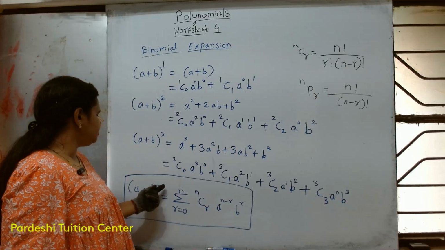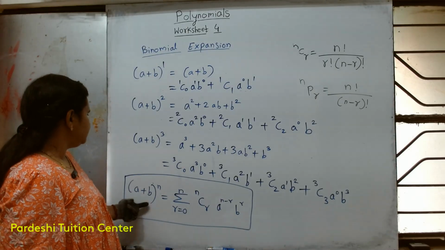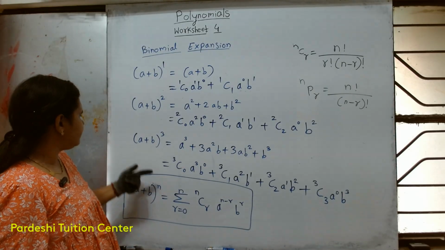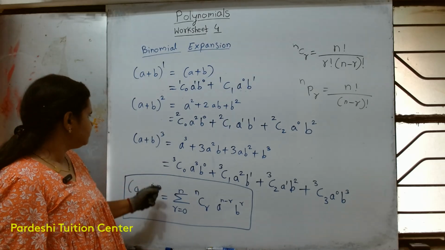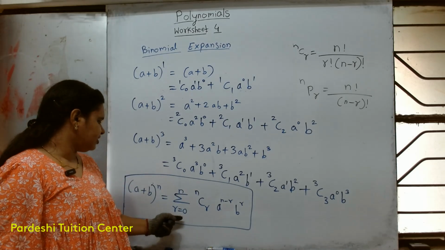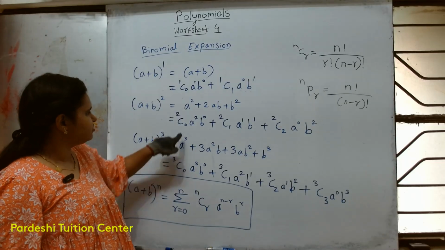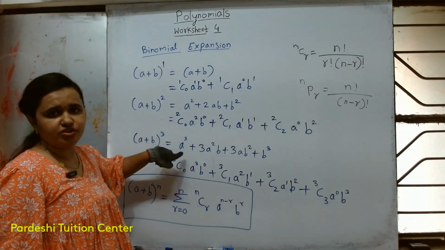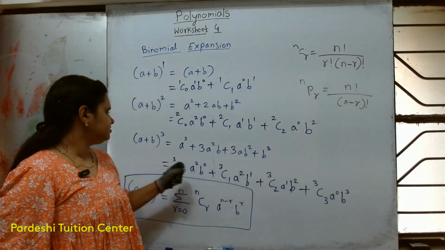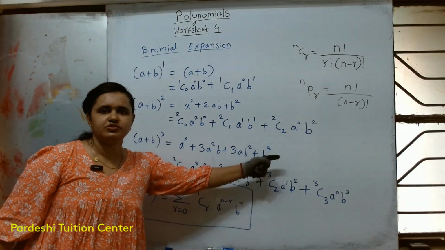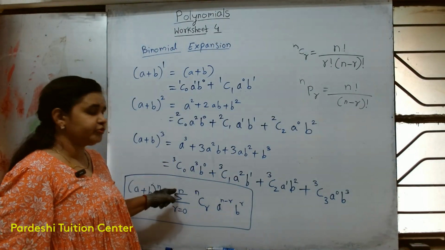a plus b to the power n is equal to, here you can check, a plus b to the power 3 is equal to the summation of r equals 0 to n. Here r is 0 and it is increasing: 3C0, 3C1, 3C2, 3C3, r is increasing up to n.